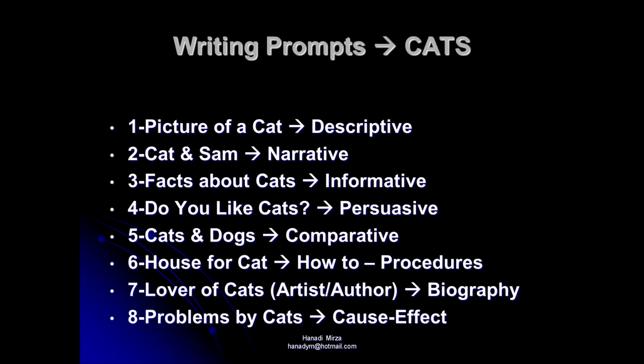If they like cats, why or why not, they can write a persuasive paragraph. They can also compare between dogs and cats in a compare-contrast paragraph. They can also write about someone famous who loves cats and the problem that cats can cause in a house.